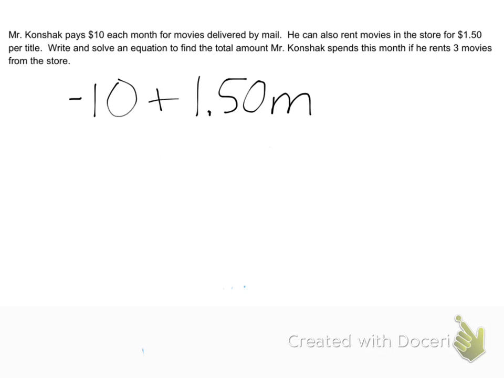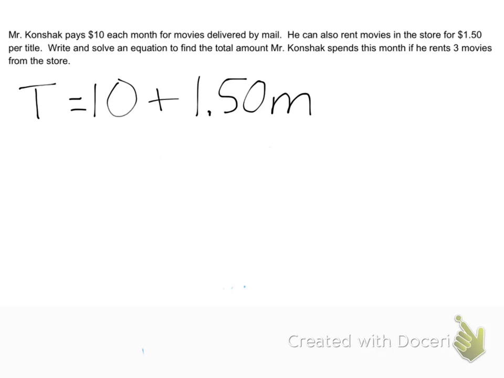This, if I wanted to truly make an equation, would be the total. Can everybody see that the total amount of money spent would be $10 fixed fee plus $1.50 for every movie? That's the first thing that it's asking us to write. After that, it says, how much would it cost me if I rented 3 movies from the store? So you multiply 1.50 by 3.